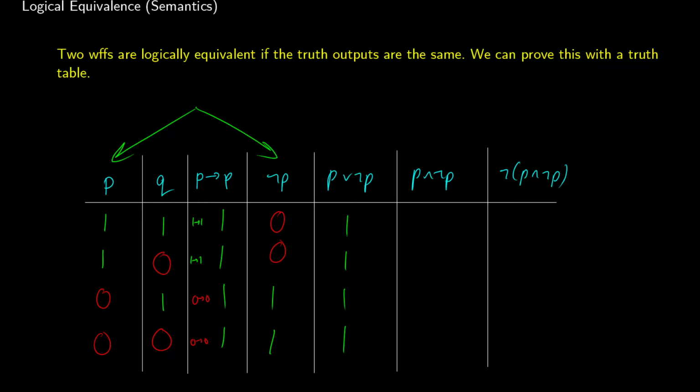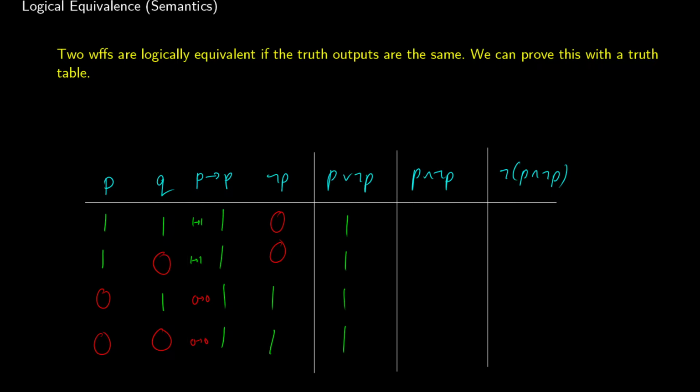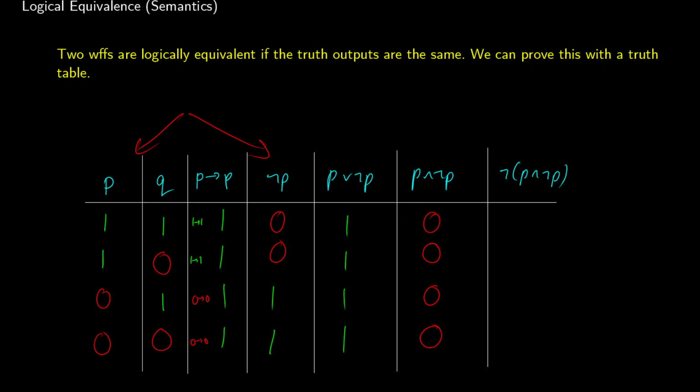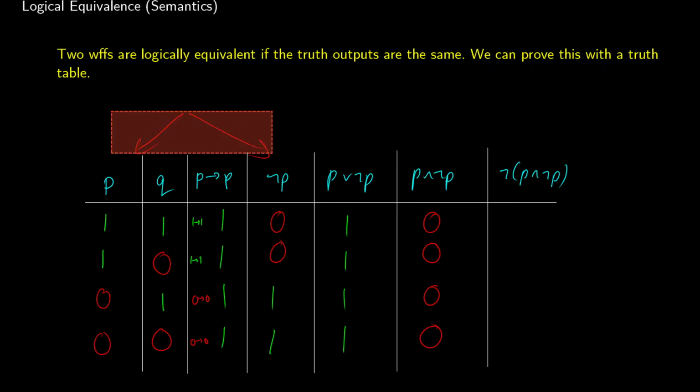Okay, now let's do P and not P, which means that both of these have to be true in order for P and not P to be true. But in the first two rows, not P is false, and in the last two rows, P is false. So they're all false. That would be a contradiction.